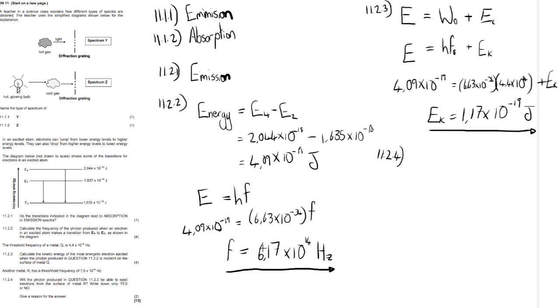It is not high enough. And so the answer will be no. Okay, the photon produced will not be able to eject electrons. And the reason is that the threshold frequency is higher than the frequency of the photon.